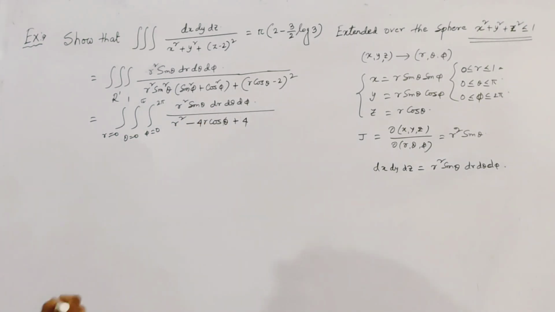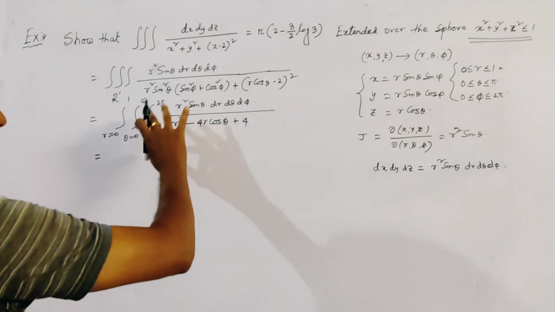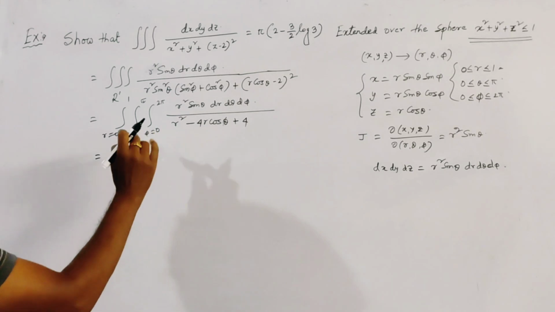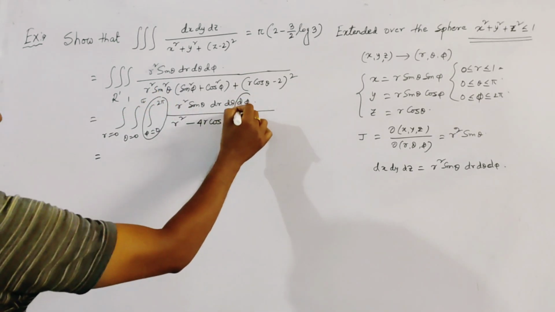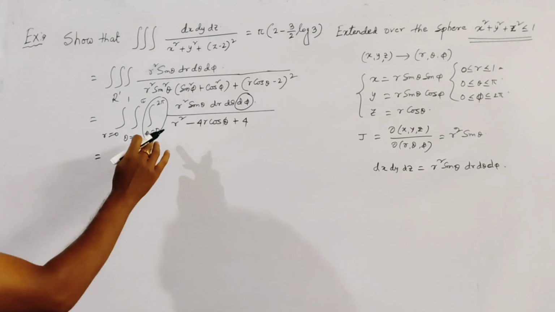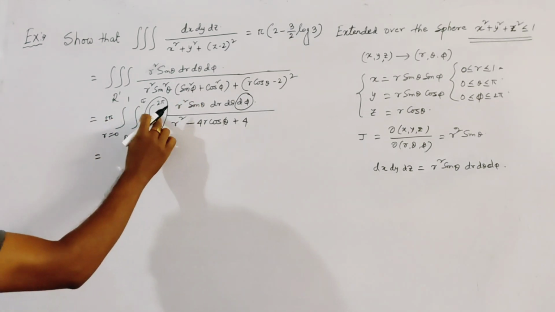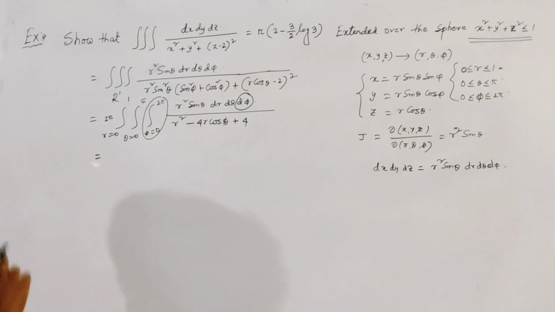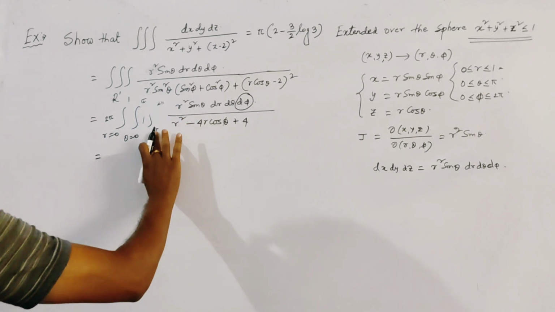Now we integrate with respect to phi first, because the integrand is independent of phi. For d phi we get 2 pi, because the integration of d phi is phi, and putting the range from 0 to 2 pi we get 2 pi. So we delete this integration.